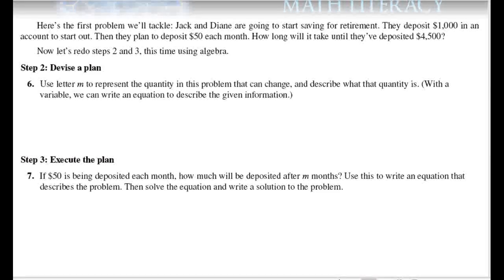They deposit $1,000, $50 a month. We're using M to represent the number of months. A lot of times, when we can, we use the first letter of the word. So M represents months. So describe what that quantity is. M equals months.